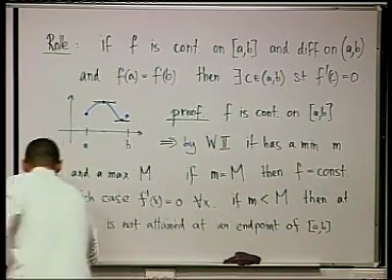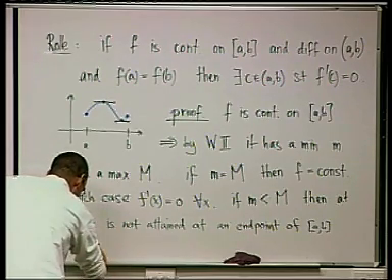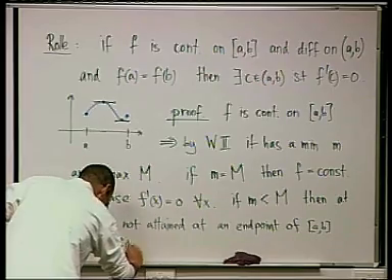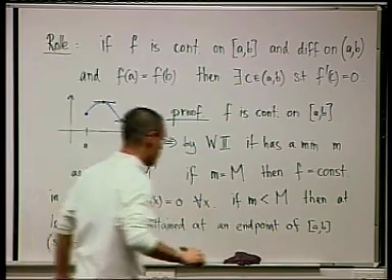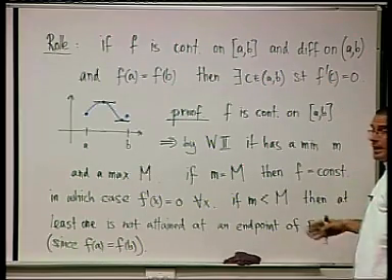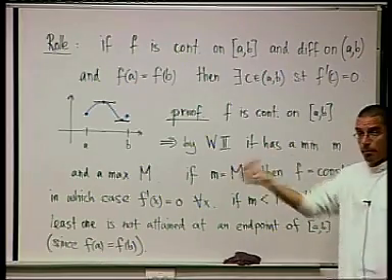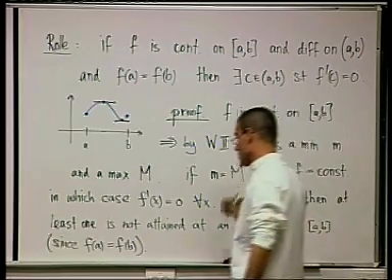And this is because f of a equals f of b. That's the assumption of the theorem. So the one that is not attained at the endpoint is, in fact, some point in the interval, so call it C.